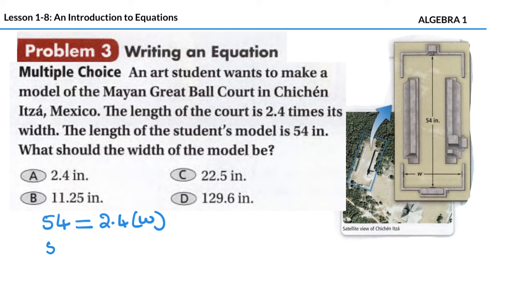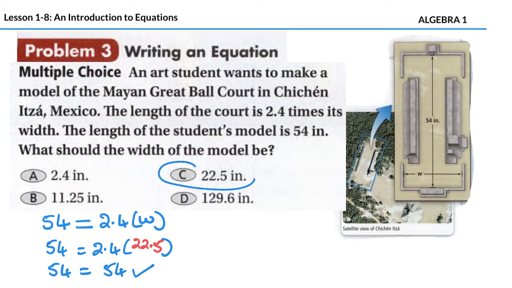We have 54 equal to 2.4 times 22.5, and we see that 2.4 times 22.5 is also 54. So the equation is true. The answer choice is C. So the width of the model is 22.5.